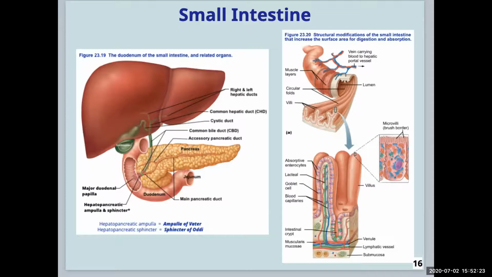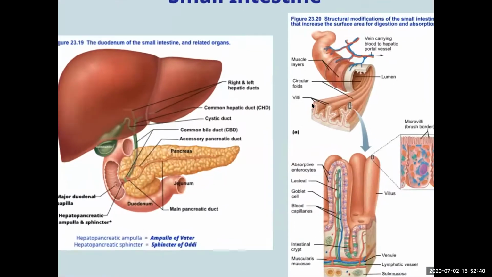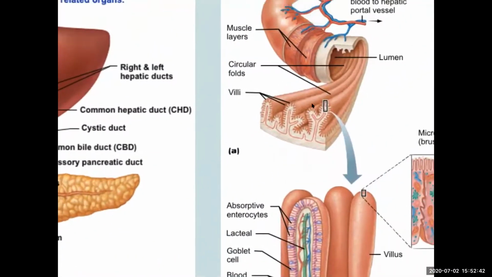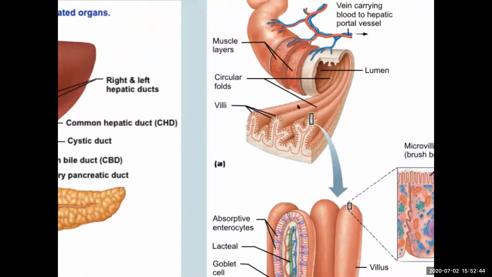When we look at the microanatomy of the small intestine, we'll see that there are structural modifications that make this organ very effective in nutrient absorption. When you zoom in, you see there are these circular folds.